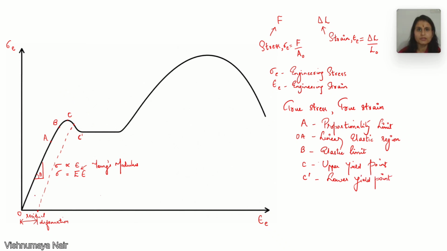Now let's understand what is happening here actually. In metals, plastic deformation happens mainly due to the movement of dislocations. So what are these dislocations actually? Dislocations are line defects present in crystals. There are different types of defects in crystals. Dislocations are one of them. For now, you just have to understand that dislocations are line defects in crystals.